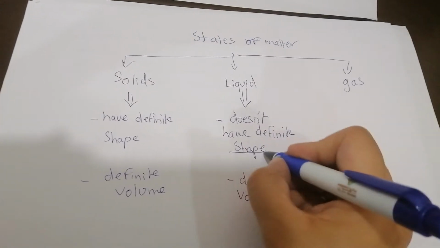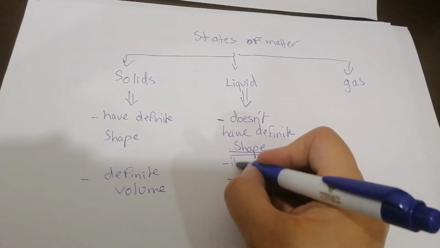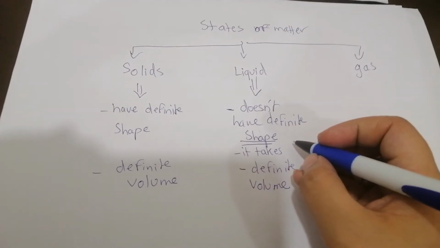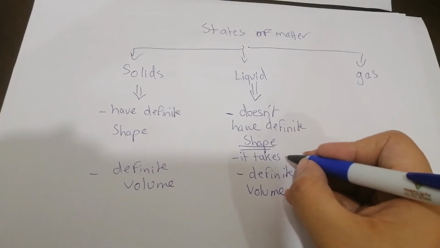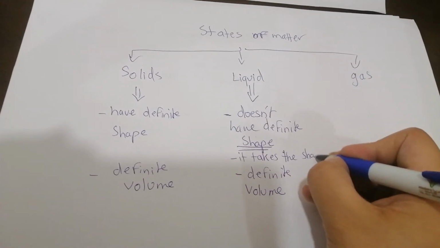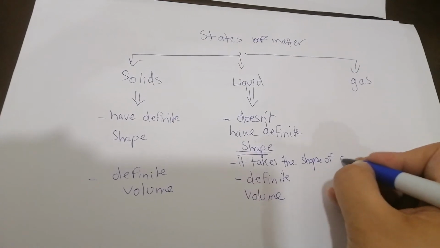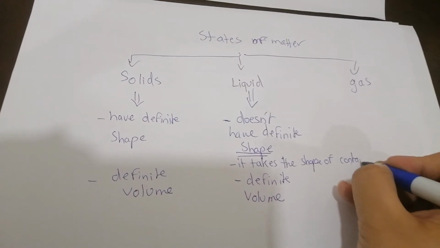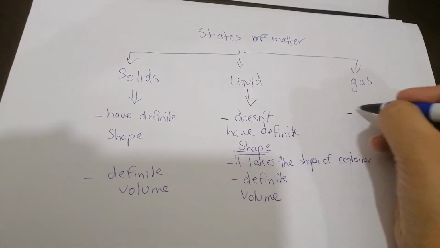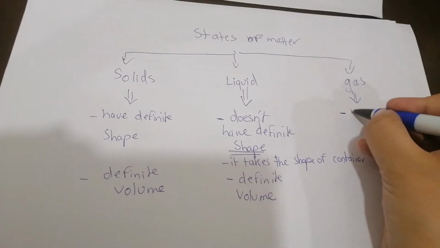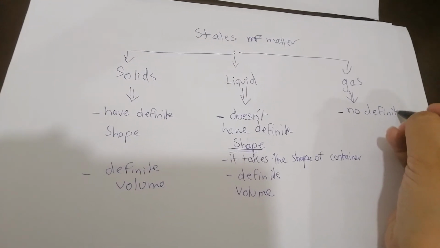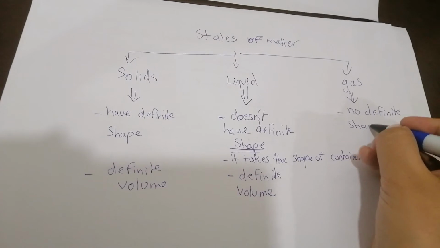Water takes the shape of the container, of the bottle, of the tank, of the pot, of the cup. What about the gas? No definite shape, no definite volume. No shape for the gas and no volume.